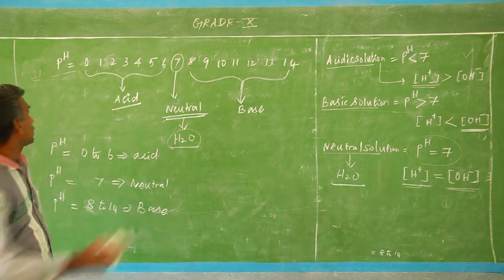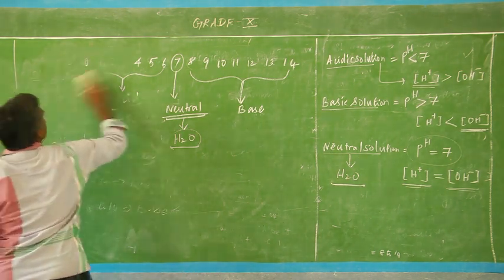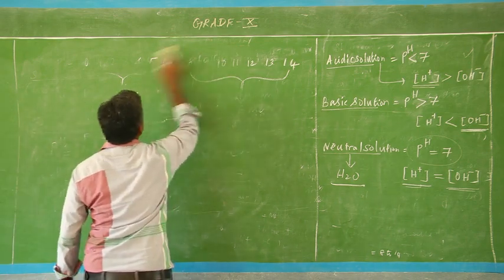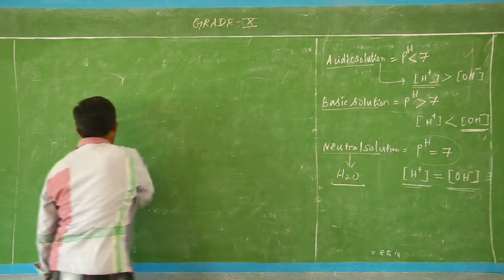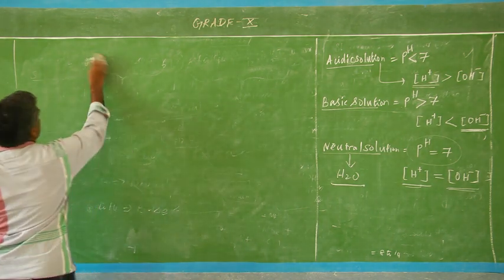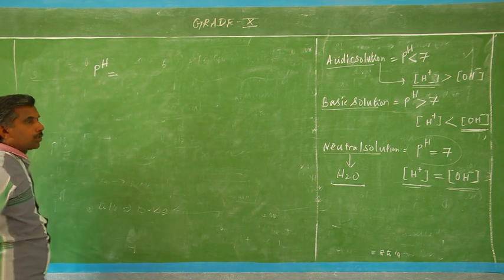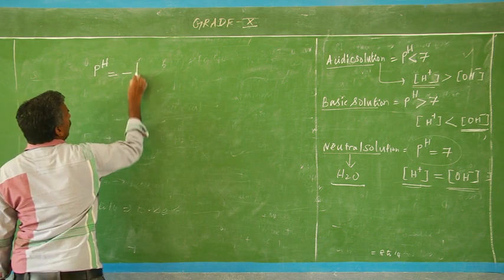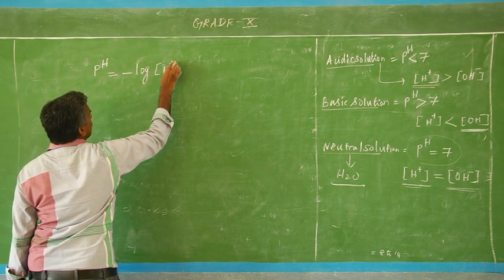The pH formula is not given in the textbook. We are learning about higher secondary, but I will write this formula, the pH value formula. It's a very important formula for higher secondary classes. pH is equal to the negative logarithm of the concentration of H plus ion.